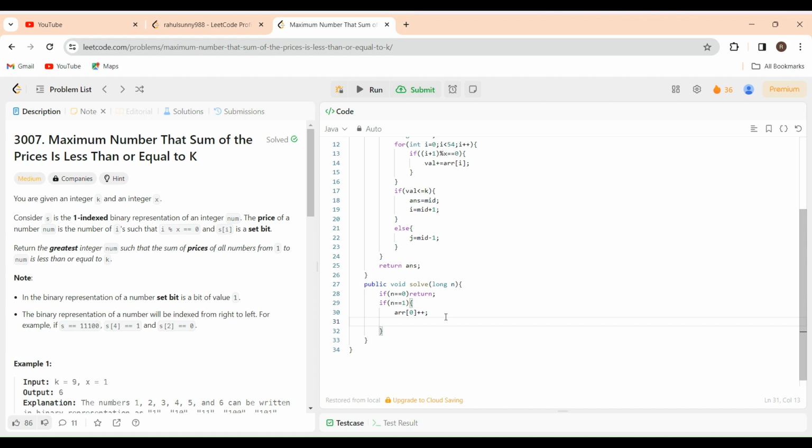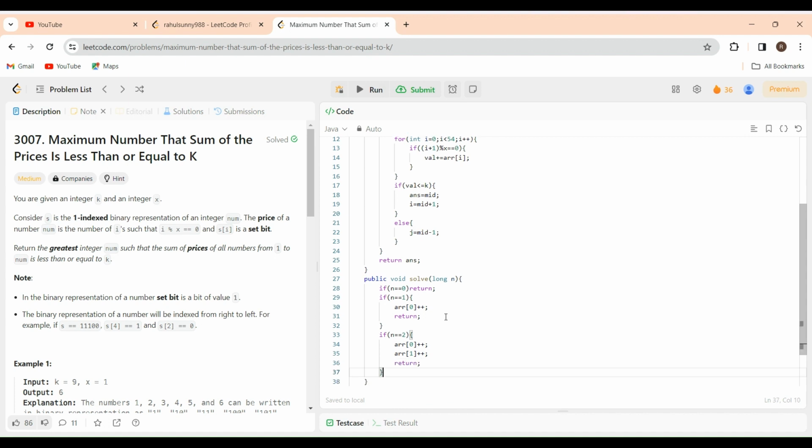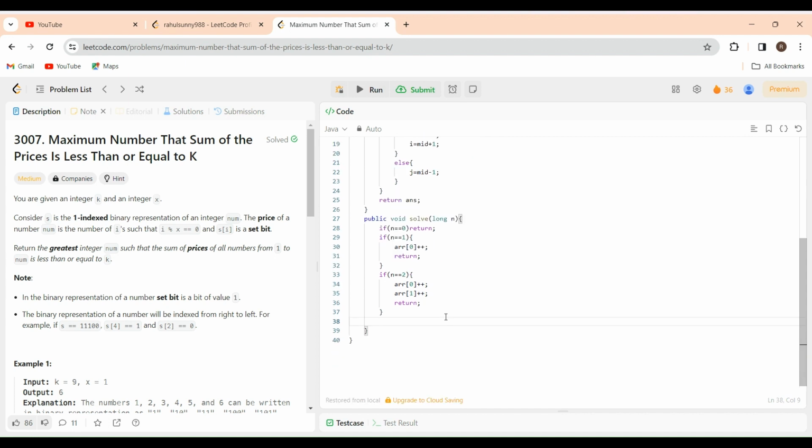For one, there will be only one set bit, so we will be incrementing that set bit and just return from here. If n equal to two, there will be two set bits, right? At the zeroth bit and first bit. We will just increment them and return from it. And now we have considered all the base cases.